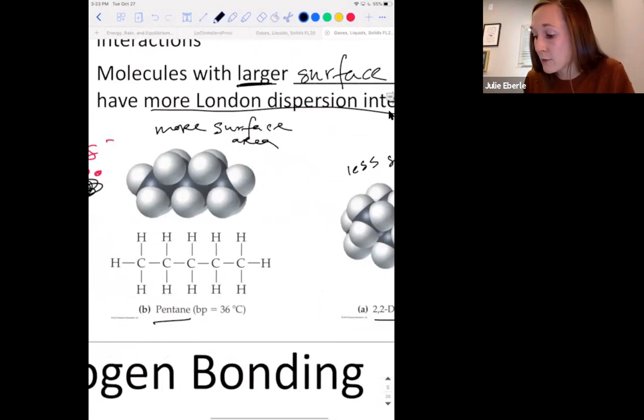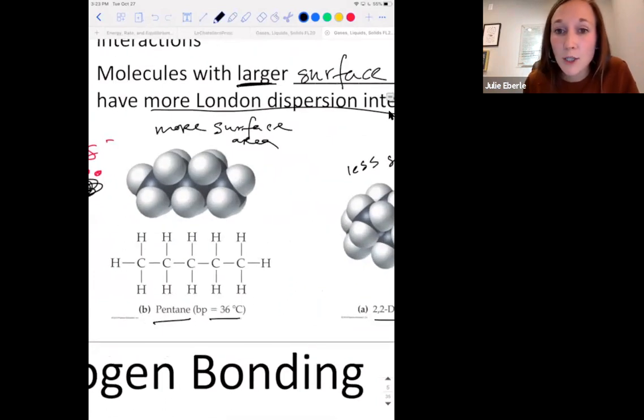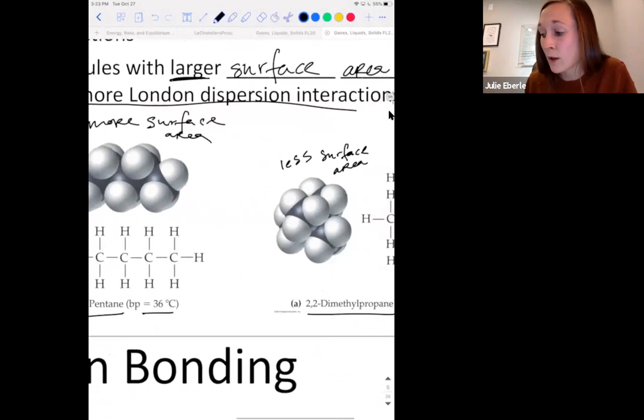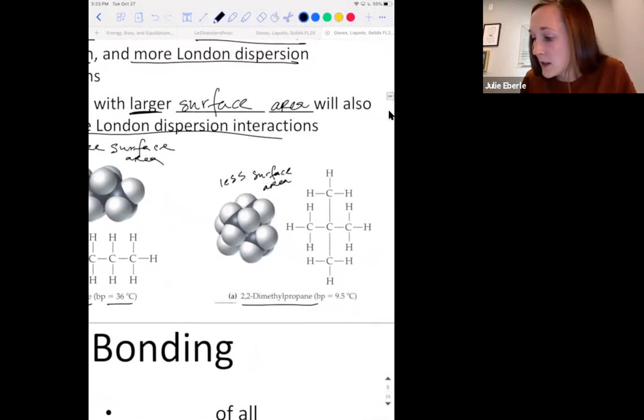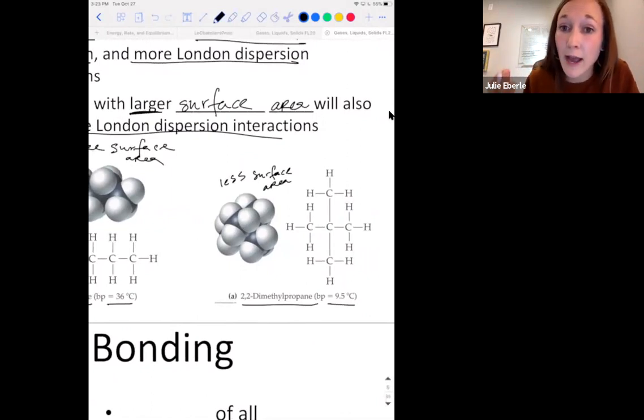So it makes sense. For pentane, the boiling point is 36 degrees Celsius, but for a molecule with the same kinds and numbers of atoms, just arranged differently, the boiling point for this other molecule with less surface area and therefore less London dispersion is only 9.5 degrees Celsius. That's almost 20 degrees Celsius, which is not insignificant.